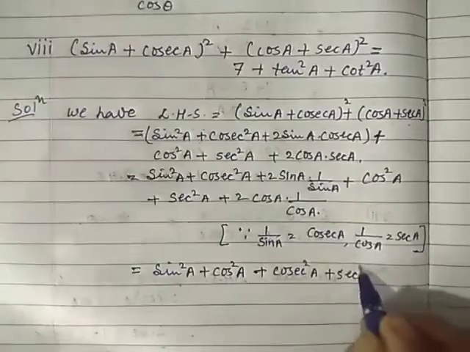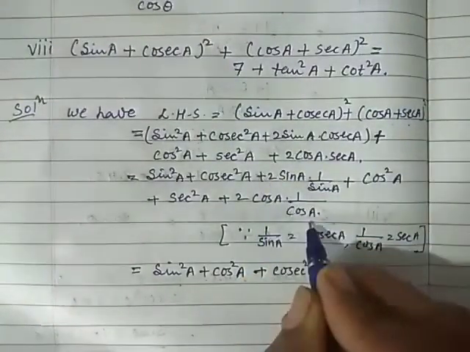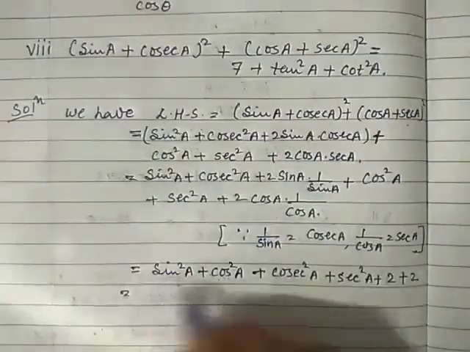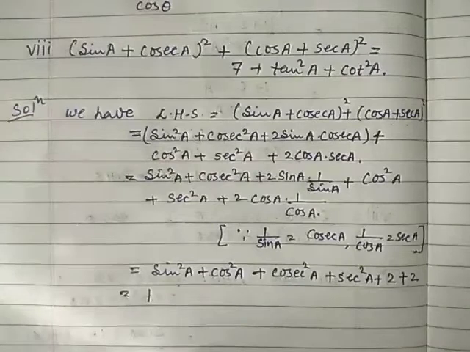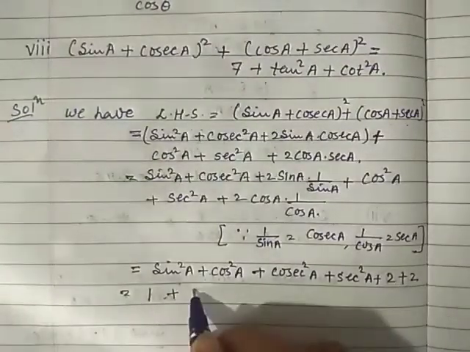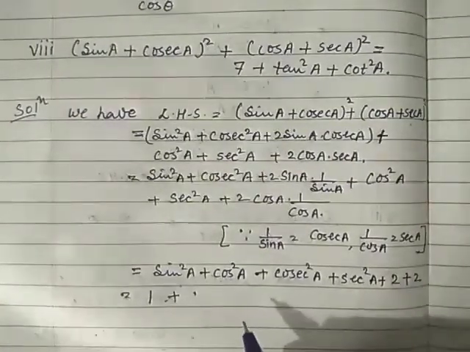Here sin got cancelled, cos got cancelled, so we are getting 2 plus 2. Here sin square A plus cos square A is equal to 1, plus cosec square A can be written as 1 plus cot square.